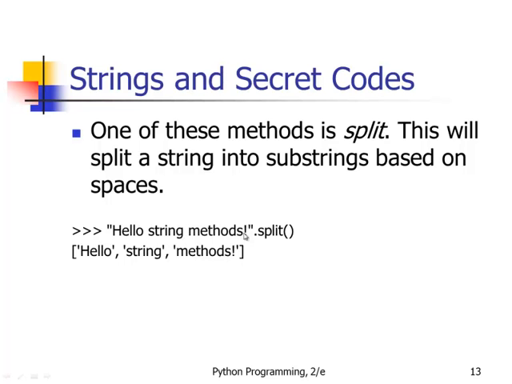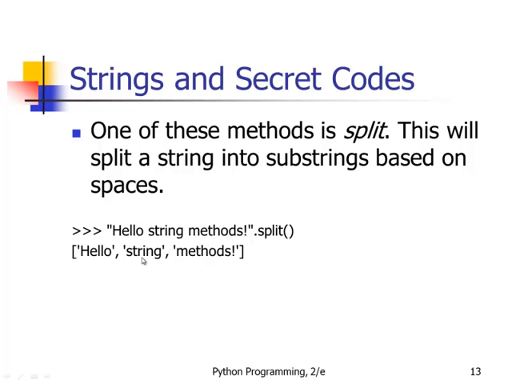So by default, a separate substring is defined by a blank space. If you want it to be something other than a blank space, like a comma, you would just put a comma between these parentheses. So this string is divided into three substrings, as you can see.